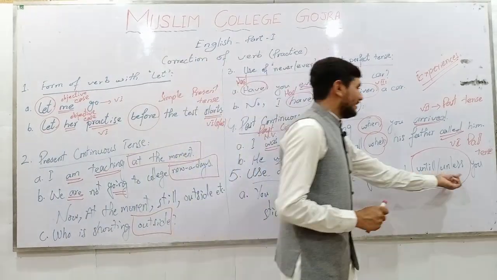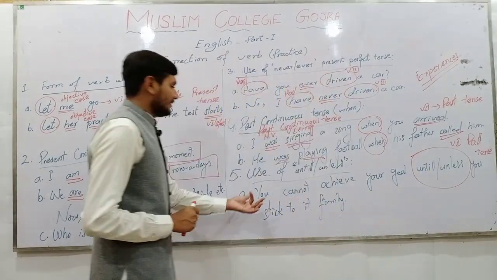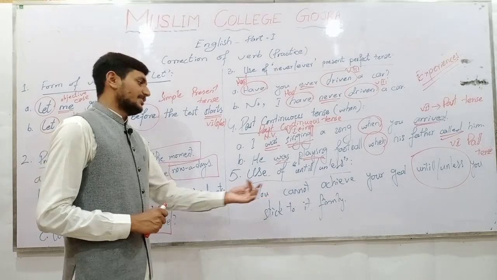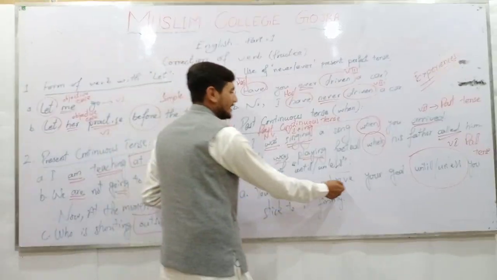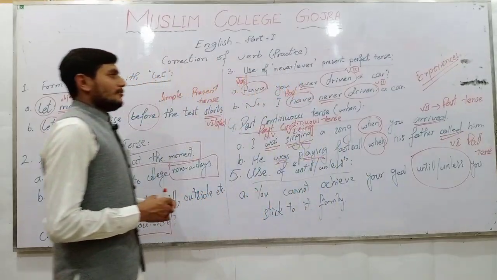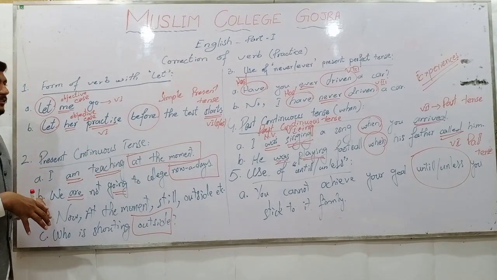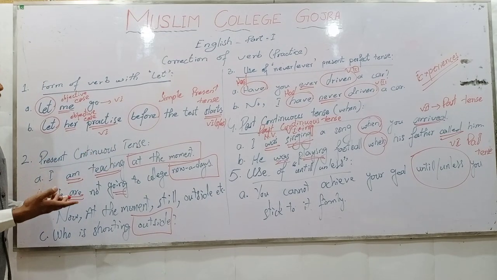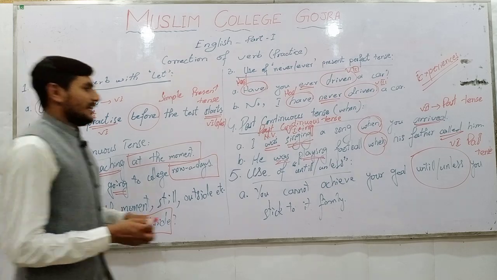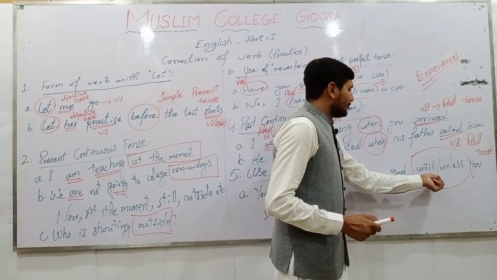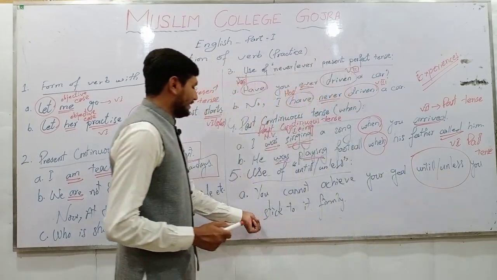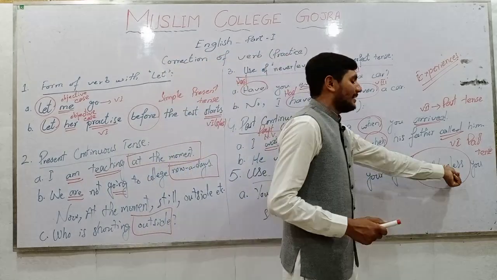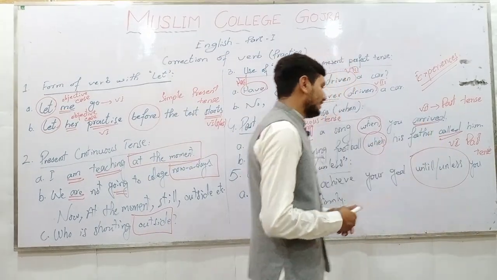One is the until unless clause and the other is the principal clause of this sentence, which is you cannot achieve your goal. What we commit most frequently, that error is that we mostly use the negative sentence with until and unless, which is grammatically incorrect.